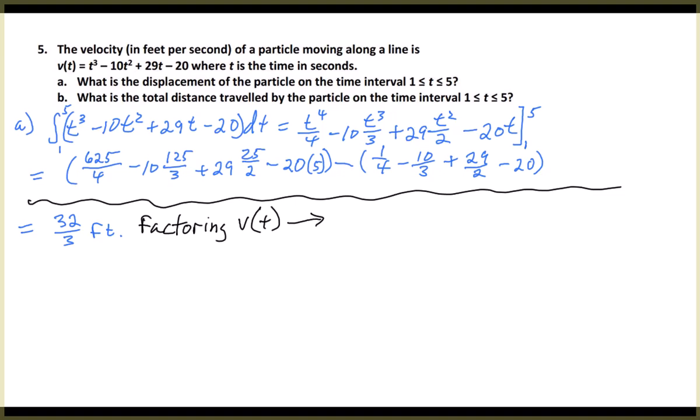All right, so let's do part B. To do that, I have to know where this thing goes negative, because now I want the total area. So I factor it. How can I factor it? Where would you start? You would use that PQ idea where you get all the factors of 20.